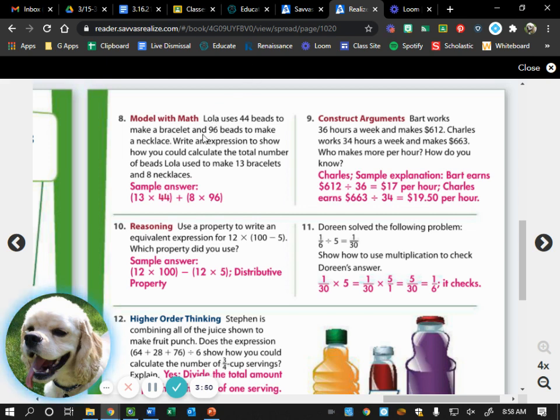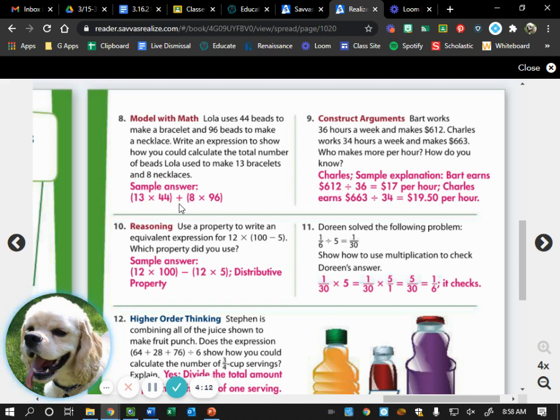And since she uses 96 beads to make a necklace and she's creating 8 necklaces, we would take 96 times 8, or 8 times 96, and then add both of those together. So we would put parentheses around both of our multiplication problems to ensure those are solved first before we add them. Other questions on number 8?